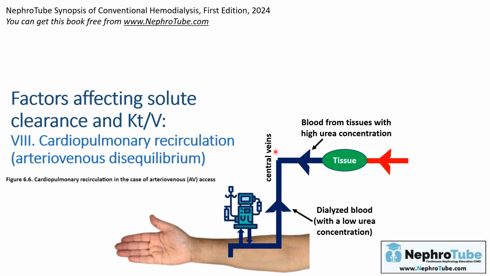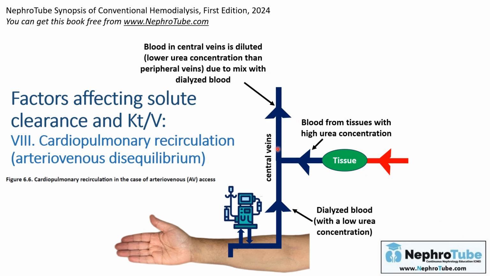Both the blood coming from the tissues with high urea and the blood coming from the access with low urea concentration will mix in the central veins. So the central veins contain blood coming from tissues, with high urea level, and blood coming from the access, with low urea level. So the central vein blood is diluted, with lower urea concentration than the peripheral veins.